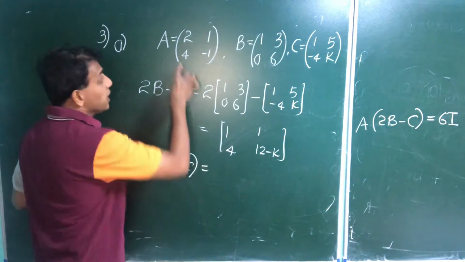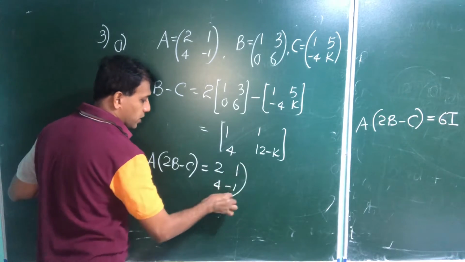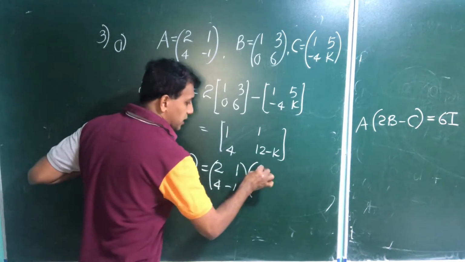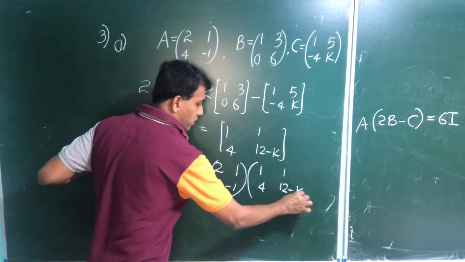A is 2, 1, 4, minus 1, multiplied with the other answer, 4, 12 minus K, right?